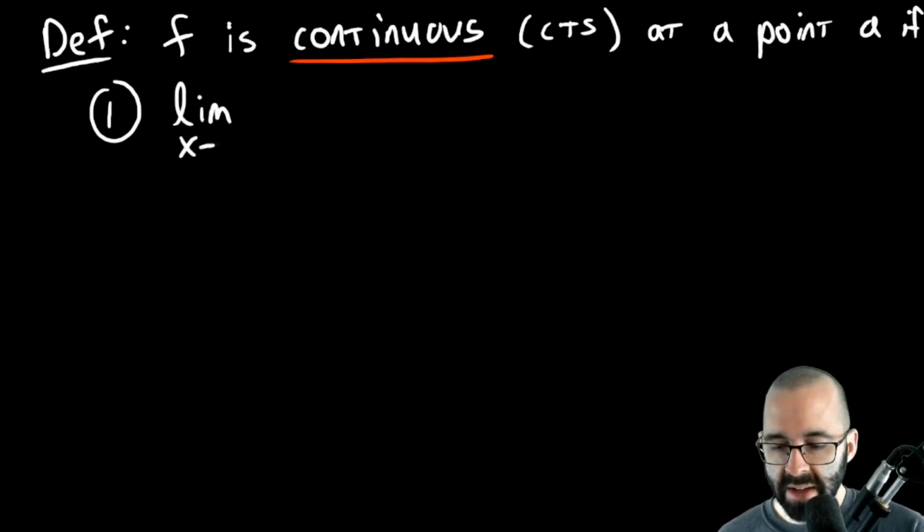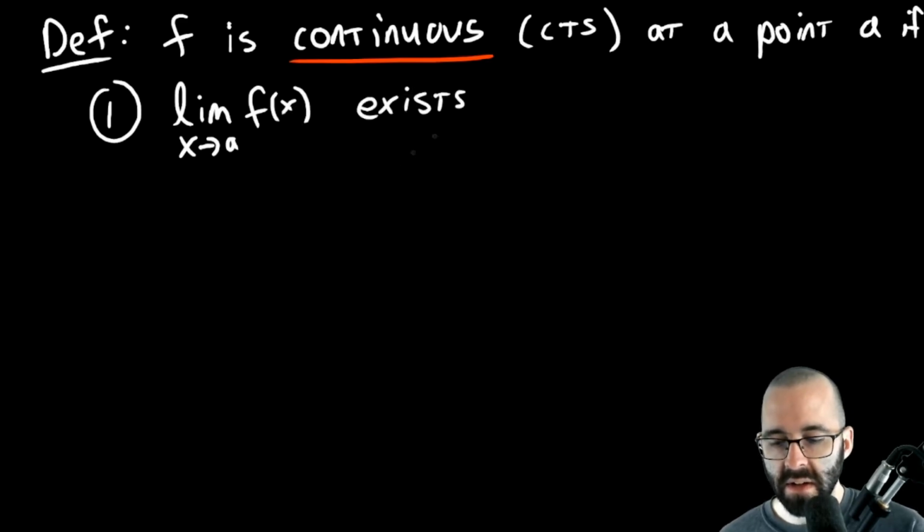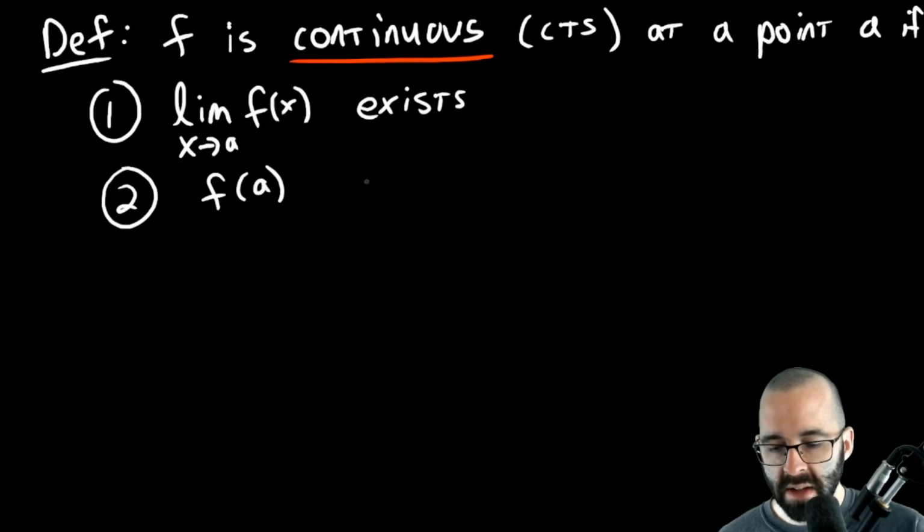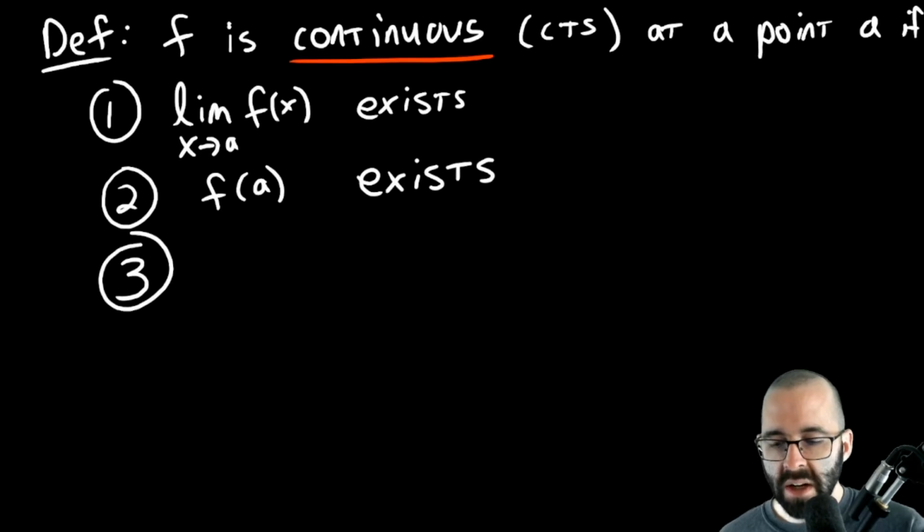We need the limit as x approaches a of that function to exist. We need the function value at that point, f(a), to exist as well. But we also need a third thing.